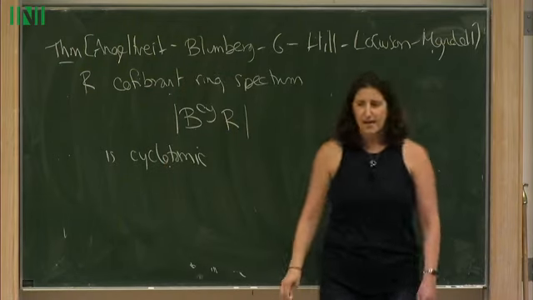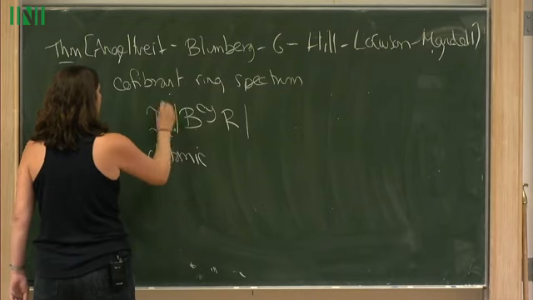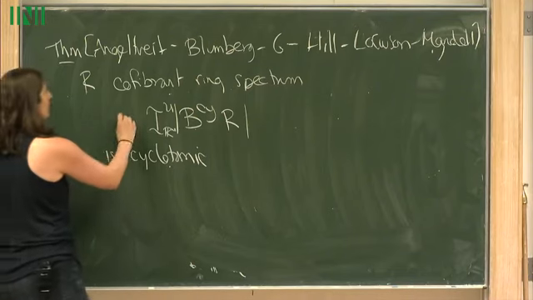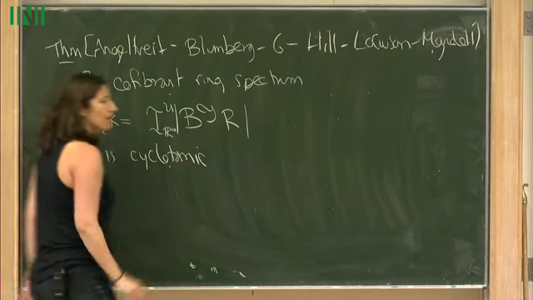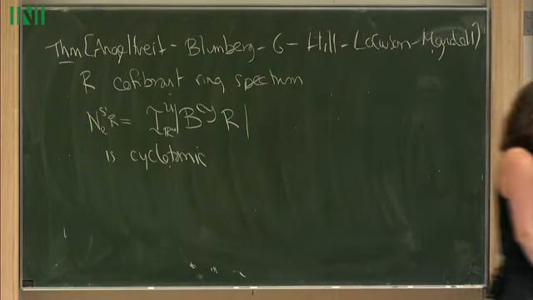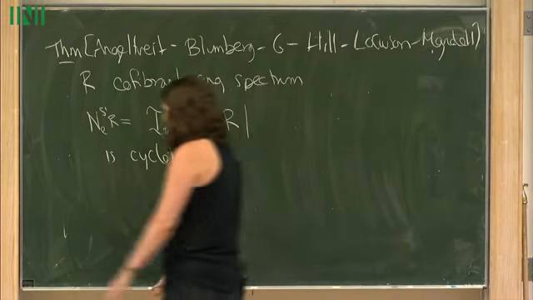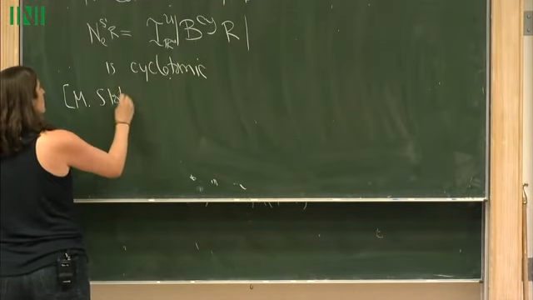Let me make that slightly more accurate by throwing in a change of universe functor here, but maybe we won't worry so much about that right now. The spirit of this is that you should think of this as being the norm from the trivial group to S^1 of R. Okay, so this says that this cyclic bar construction definition is indeed cyclotomic. Similar work was done around the same time by Martin Stolz.